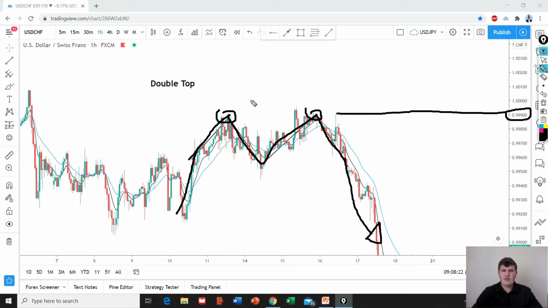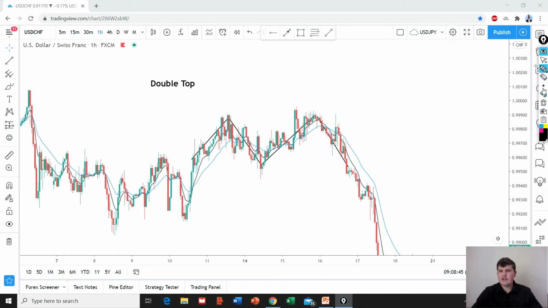And how you go about trading a double top is you draw a support line over here and you wait for the second top to break this specific area, and you enter the trade over here and you catch this move lower to the downside. So that is how you can trade a double top.